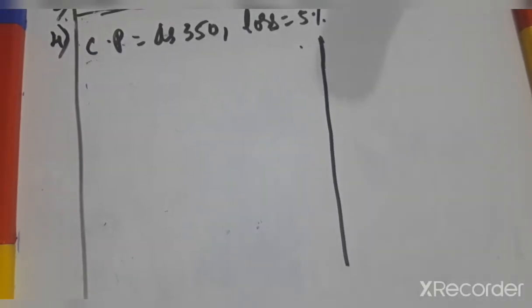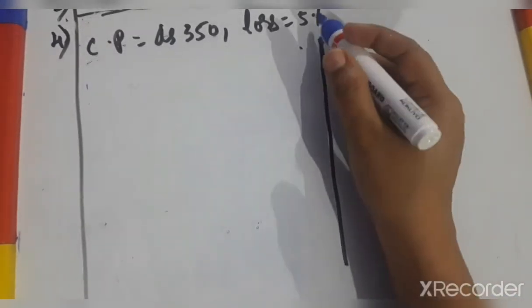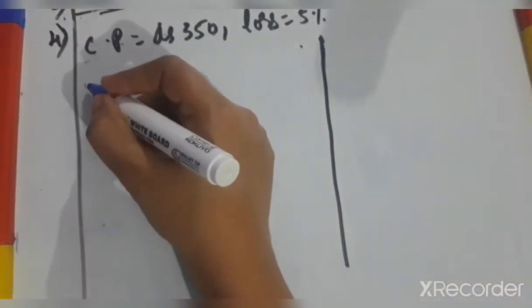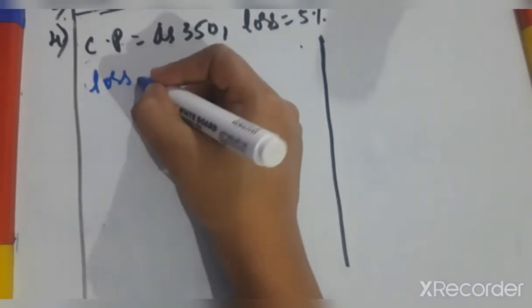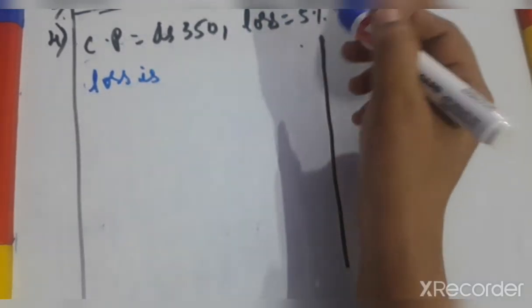Now fourth question, cost price is 350, loss percentage is 5%. So first we have to find the loss. Loss is calculated on 5% of cost price.